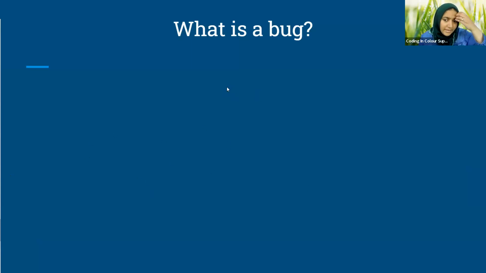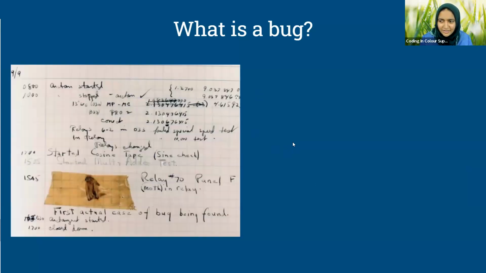A lot of people may have heard about Grace Hopper. She was a computer programmer from a long time ago, I don't remember which year. And her bug is a pretty famous bug. The reason for that is she was trying to find out why the system was not working.